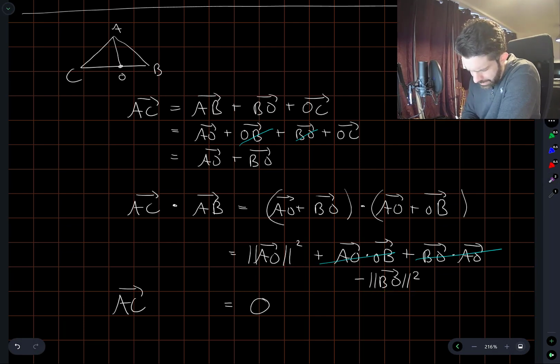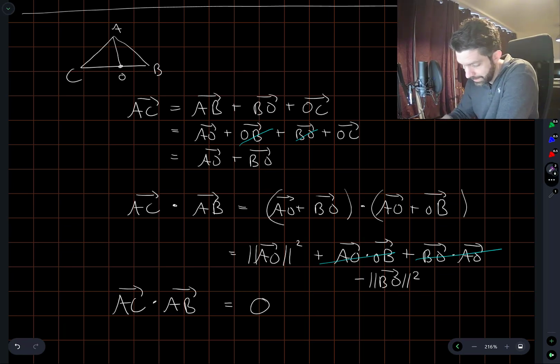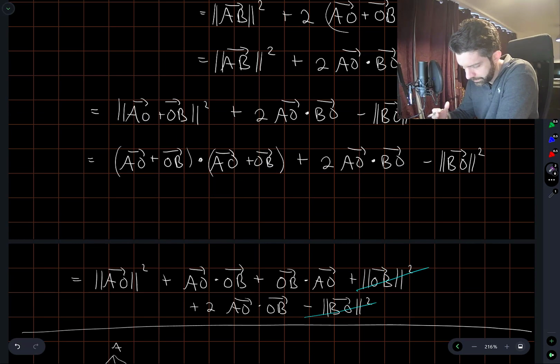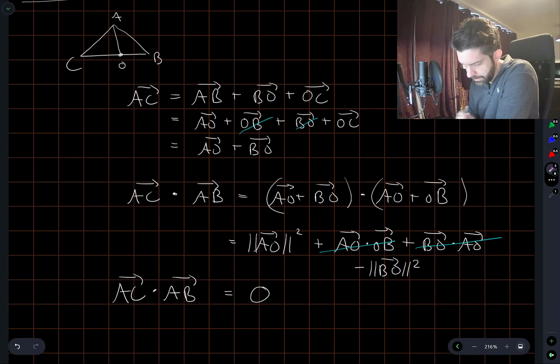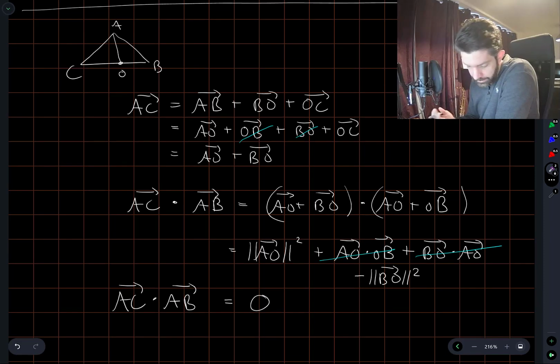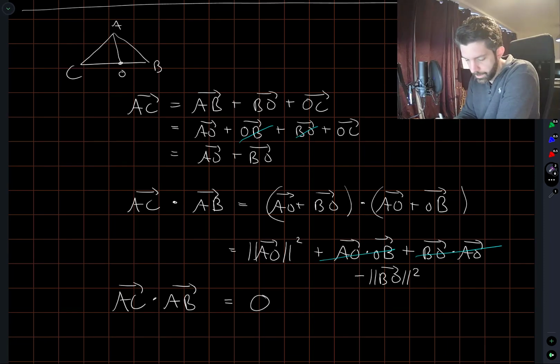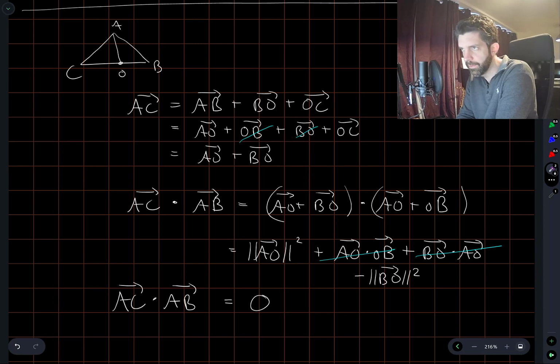So I'm not sure what happened in my first attempt, if there was an arithmetic mistake, or maybe things do in fact cancel out and I just didn't see it properly. But once you see it, as usual, it becomes straightforward. Translating what we're asked to prove into a vector statement about dot products was the first step.